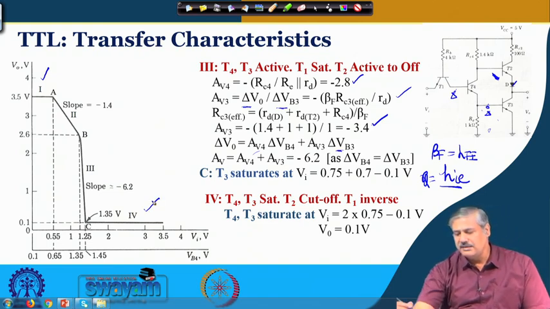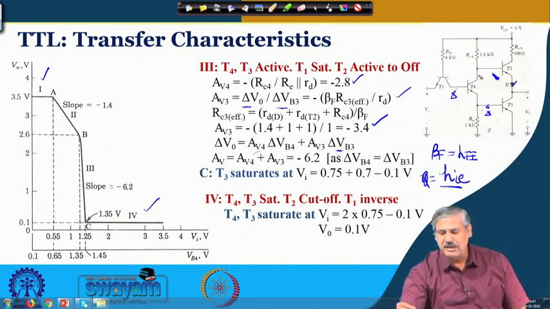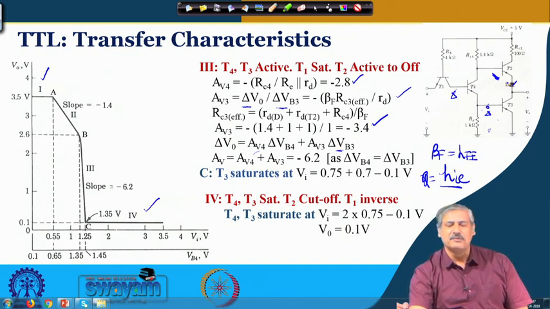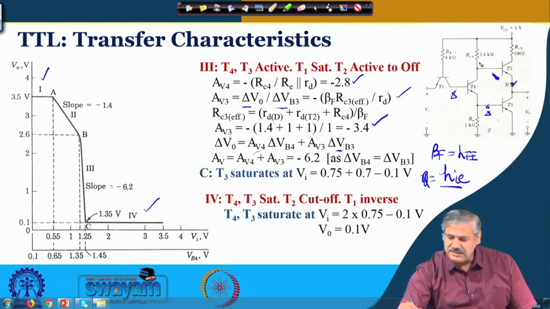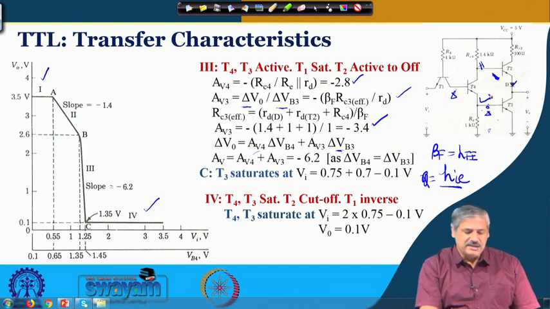In these region 1 and region 4, what we see is how this T4 conducts. In region 1, we have already seen that T4 is off. When T4 is off, this is high in terms of making this transistor on, and this one is low. That is region 1, and the other stable condition is region 4.